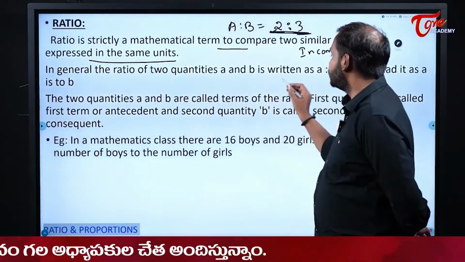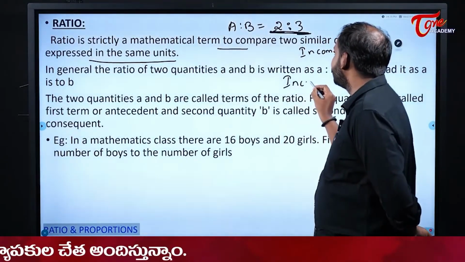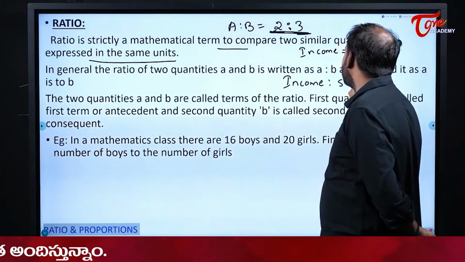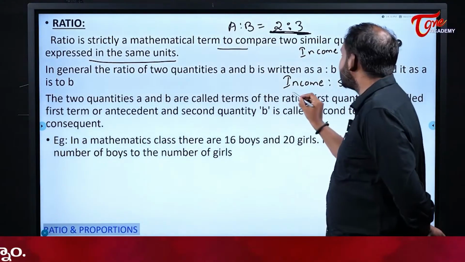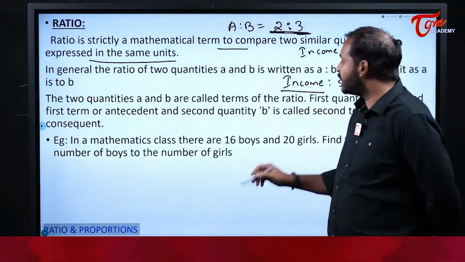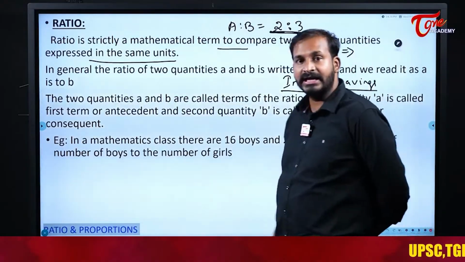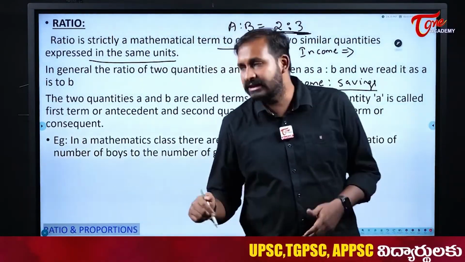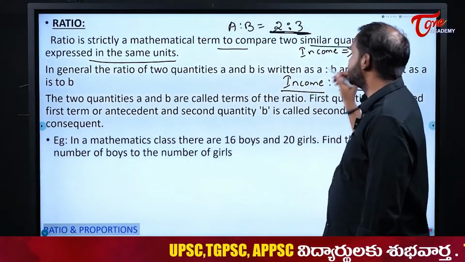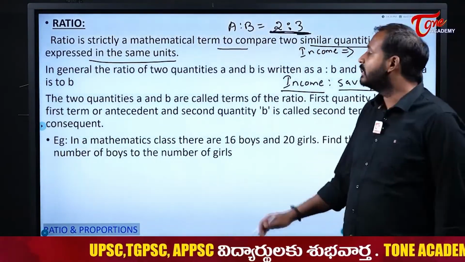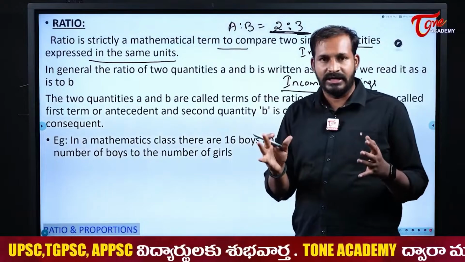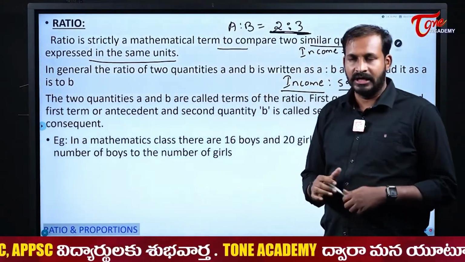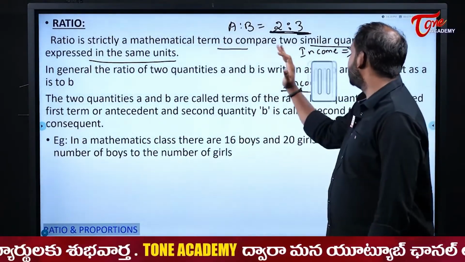But I cannot write the ratio between the income of one person and the savings of the second person. So either I can write the ratio between their incomes or the ratio between their savings, but I cannot write a combined ratio of income and savings. That is the meaning of similar quantities. I can only write the relation between similar quantities, not two different quantities. Understood? That is regarding ratios.